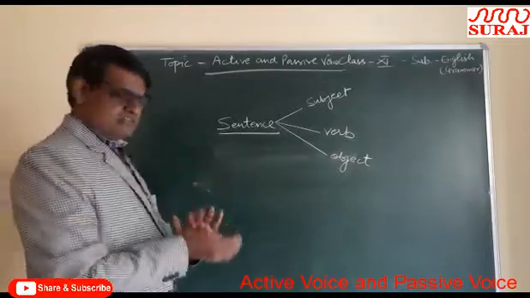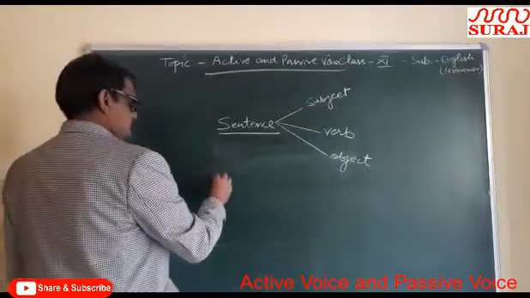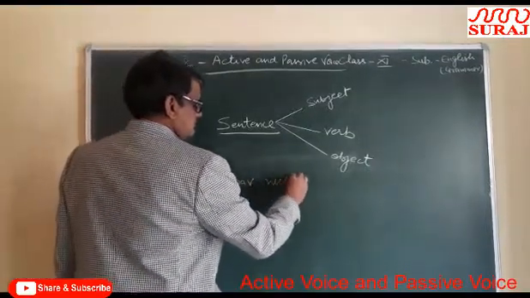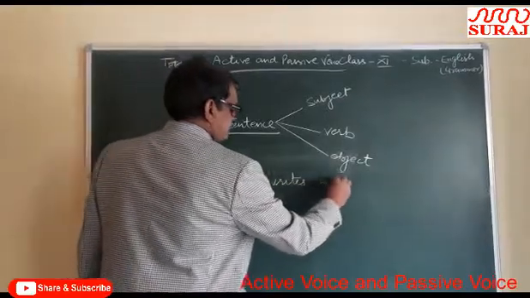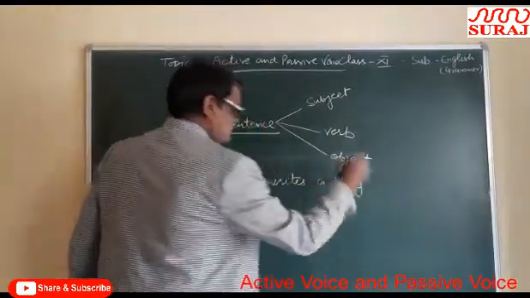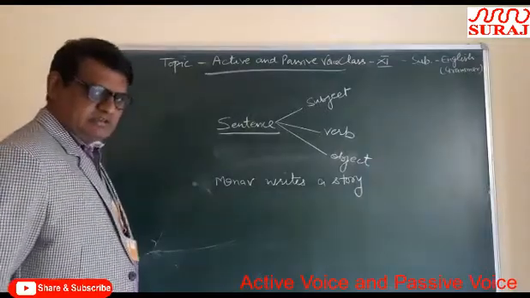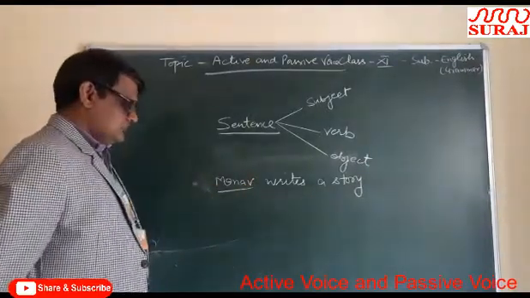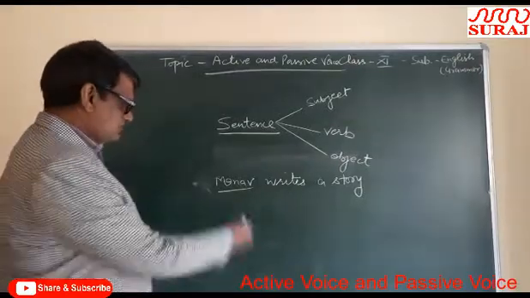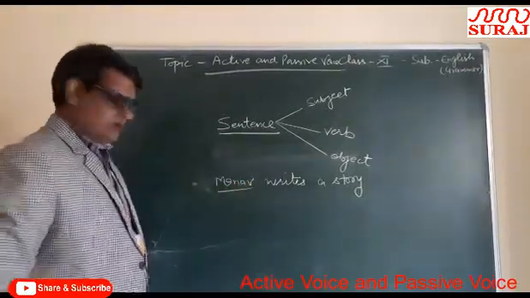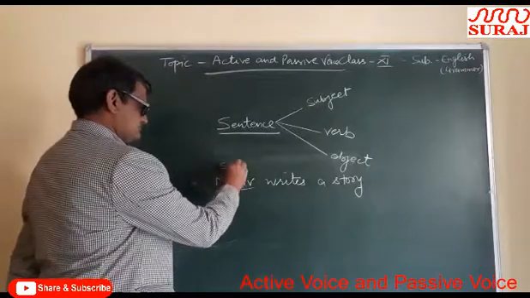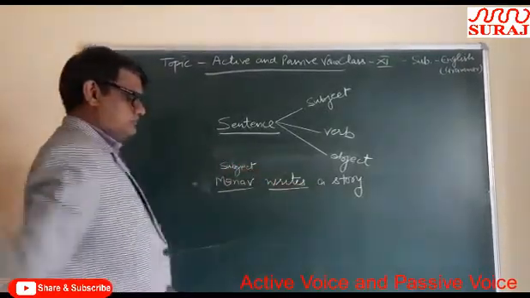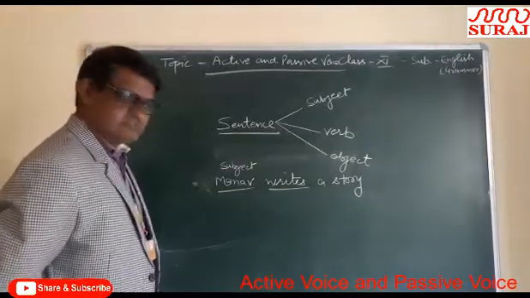It means simple present. For example, Manav writes a story. In this sentence, Manav is the doer of an action. Who is writing? Manav is writing. So Manav is the subject. What does he do? He writes.